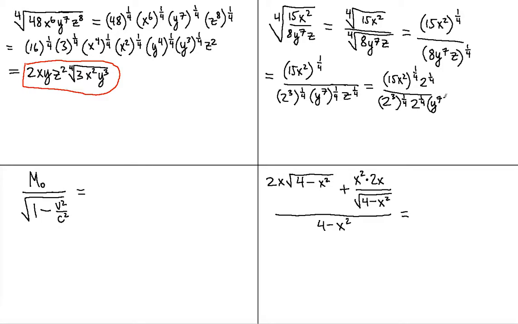So y to the 7th was raised to the 1/4 power, and we're going to introduce one more y raised to the 1/4 power. We'll not use parentheses. Okay, one more y to the 4th power. And then as far as the z, we'll keep the 1/4, but we'll also introduce 3 to the 4th.